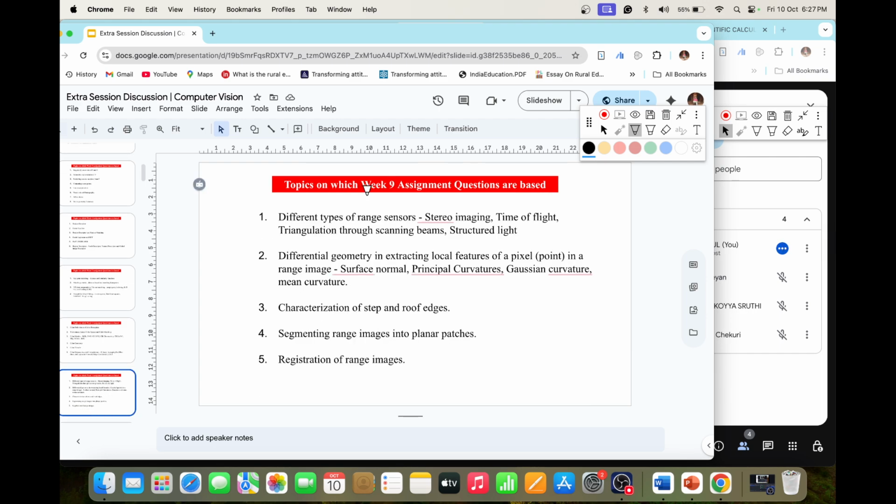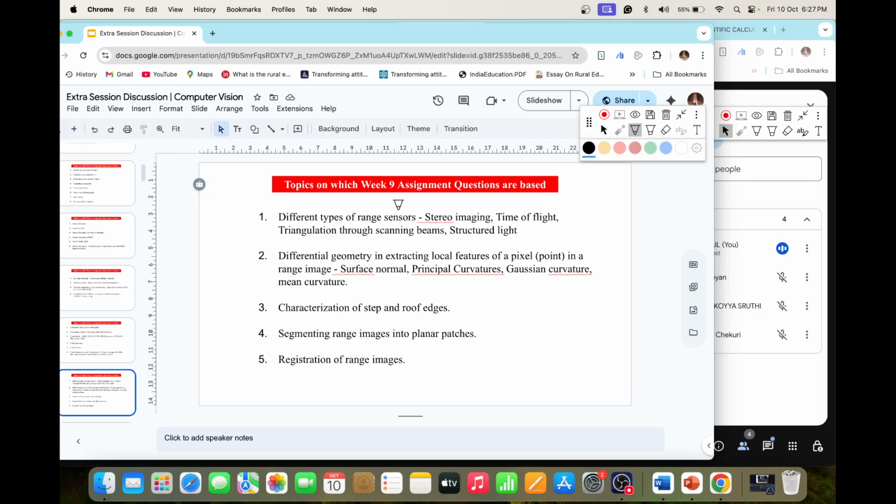Then in week 9, from colors we have moved to stereo imaging, range imaging. So what is the difference between your color image and range image? Color image means the XY coordinate will give you your pixel values. But range image means the XY coordinate will give you your depth value.